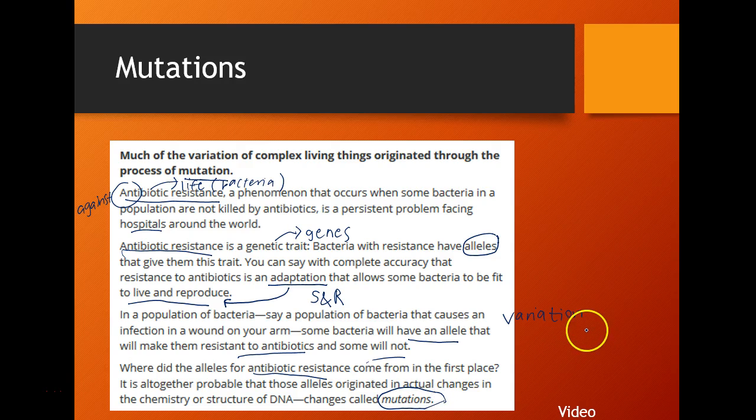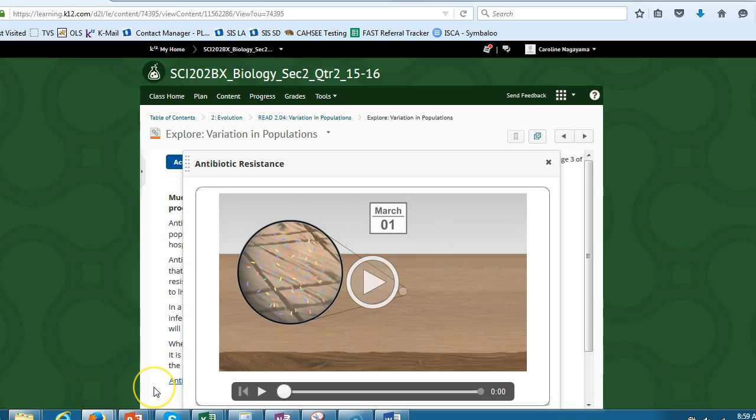We're going to take a look at a video that shows how antibiotic resistance can come up. Here we see just an ordinary tabletop with some bacteria, and all of these different colors represent variety in the bacteria.